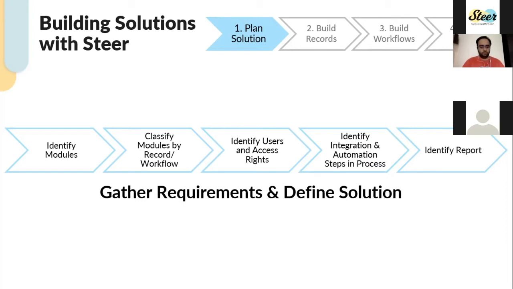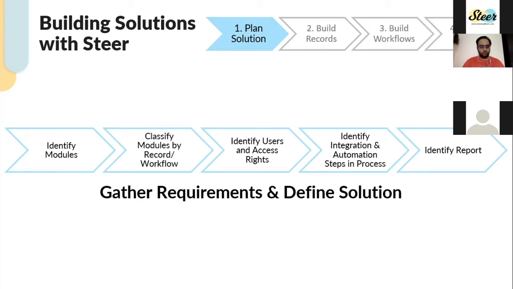So we'll first have to identify the modules that you need for the app. And then afterwards, each module that you have identified, you will classify whether it is a record or a workflow. Once you have classified that, we need to identify who will be using the app and their appropriate access rights.